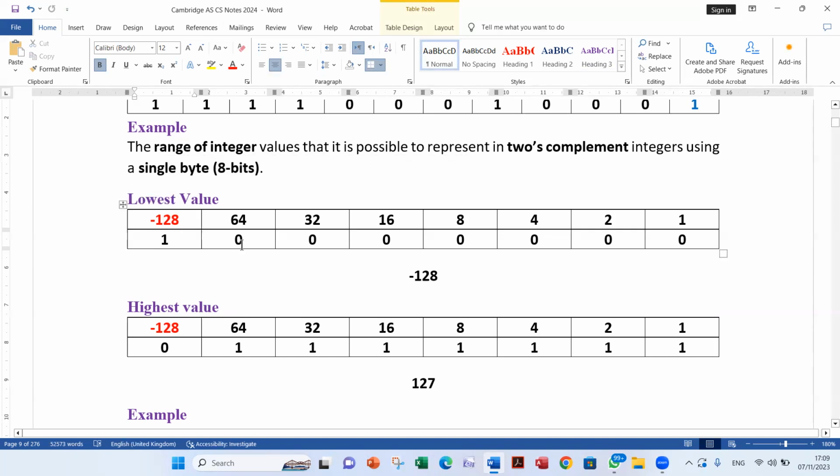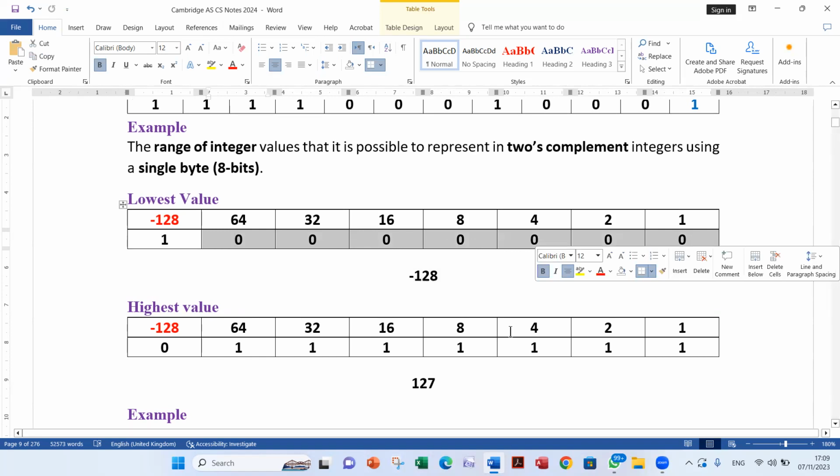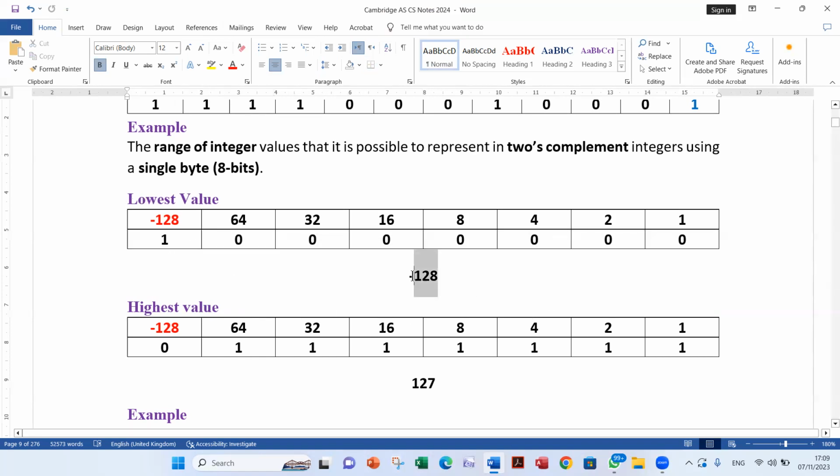So you put 1 here and all zeros, you multiply and add, and then you get negative 128. So the lowest value in 8 bits two's complement is negative 128.